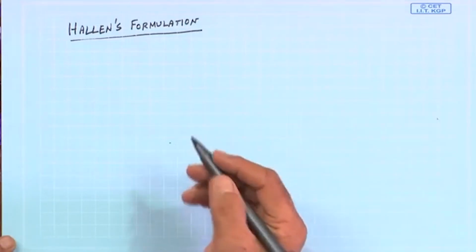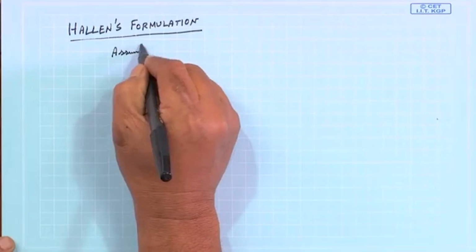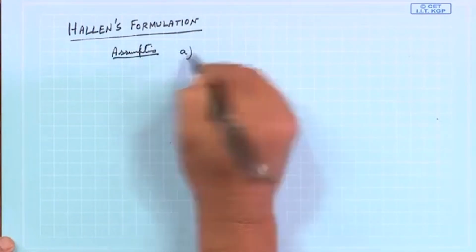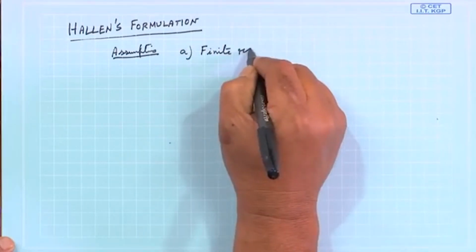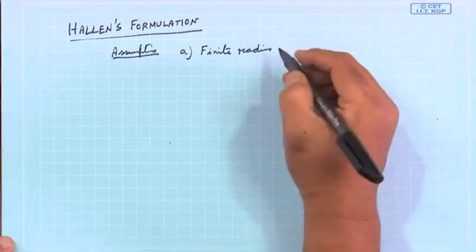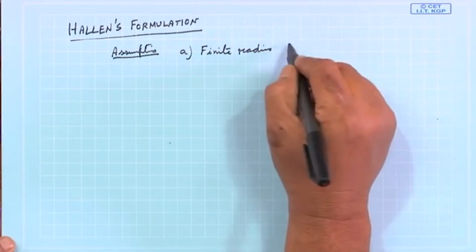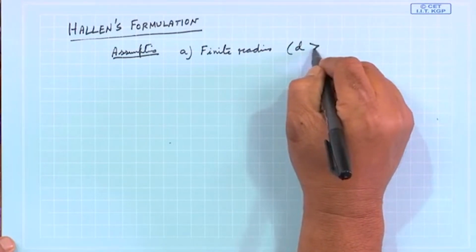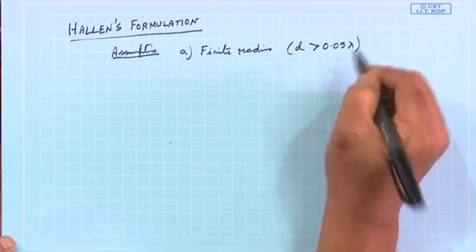So, Hallen's formulation has assumptions. The first is that the radiating structure has finite radius; usually the diameter is greater than 0.05 lambda.